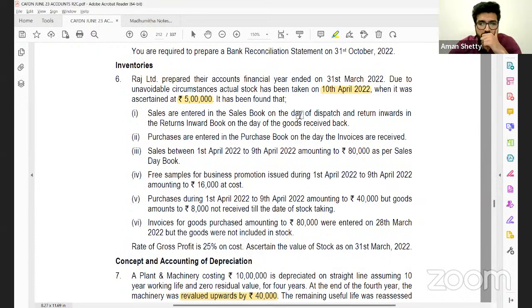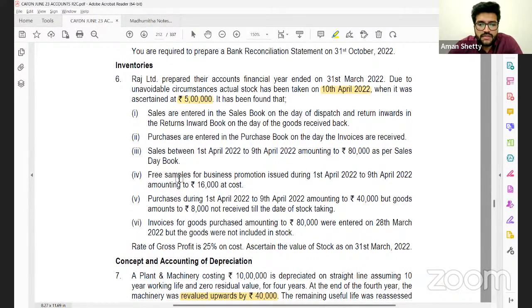sales book on the day of dispatch and sales returns are written in the returns inward book on the day goods are received back. Second one, purchases are entered in the purchase book on the day the invoices are received. Third one, sales between 1st April 2022 and 9th April 2022 amounting to rupees 80,000 as per sales day book.